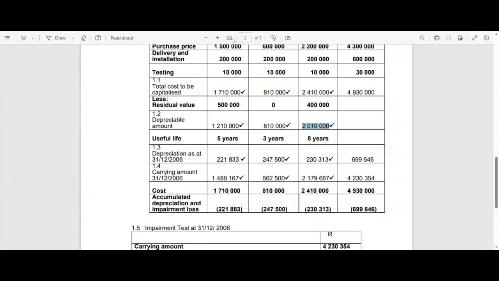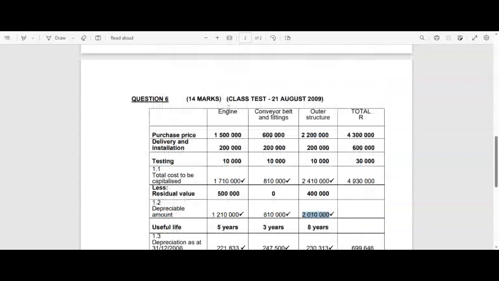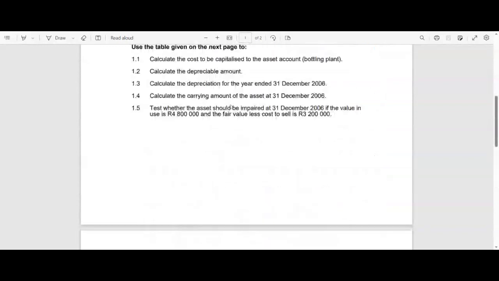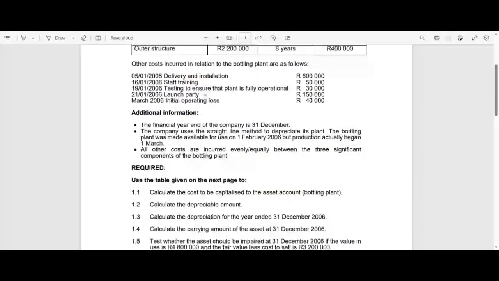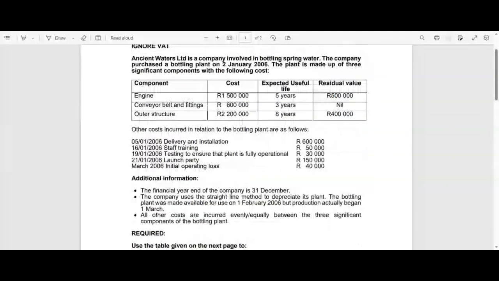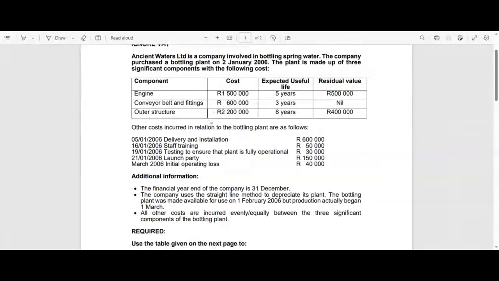Then, ladies and gentlemen, the next step is to calculate the depreciation expense itself. So here they say, where was it? Let us just go and see from which date we are going to start our depreciation expense. Where did we have the year end there?